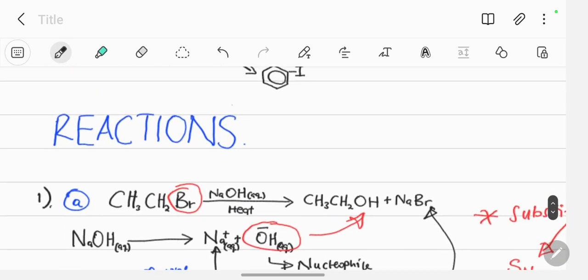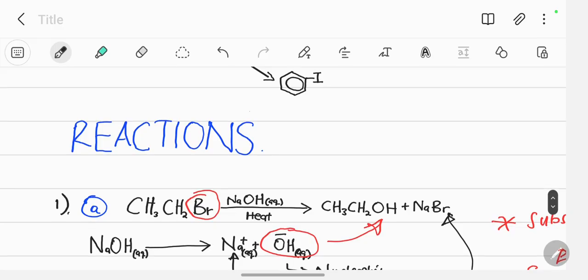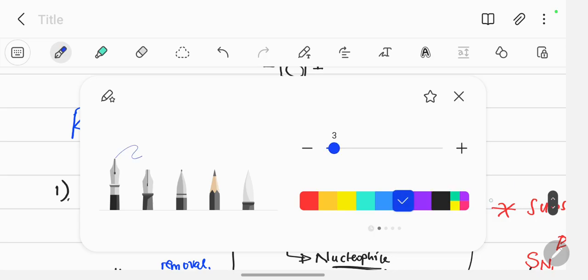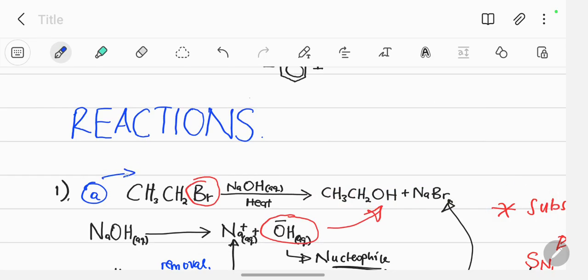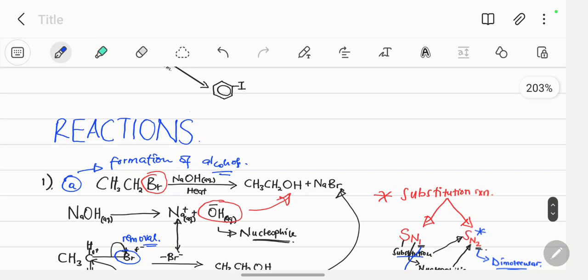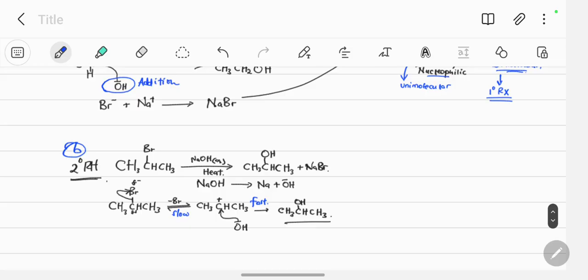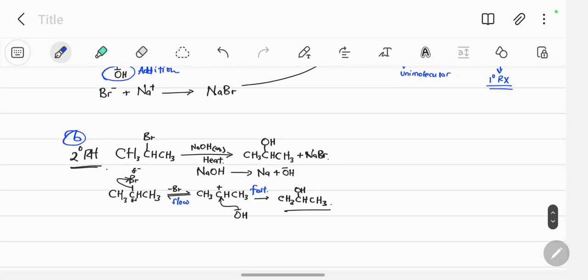So here we were trying to see formation of alcohols. By the way, this one is more of formation of alcohols. So these ones we are forming alcohols, primary alcohol, secondary alcohol.